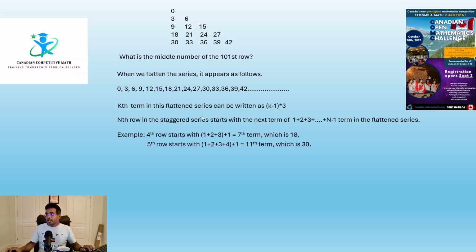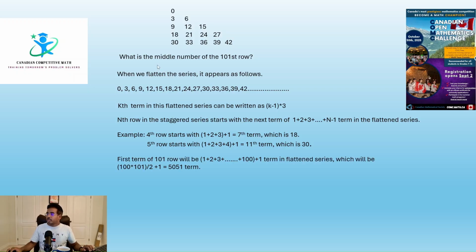If I look at the 11th term here, 1, 2, 3, 4, 5, 6, 7, 8, 9, 10, 11, the 11th term is 30. So we established a relationship between the first term of the nth row and where to find that term in the series. We almost solved 50% of it.